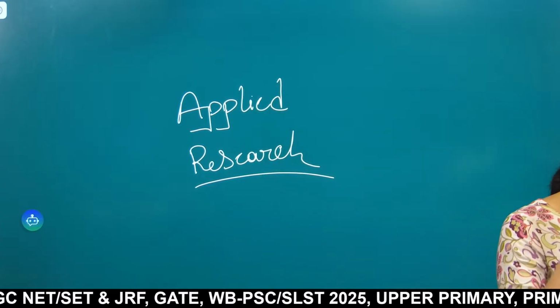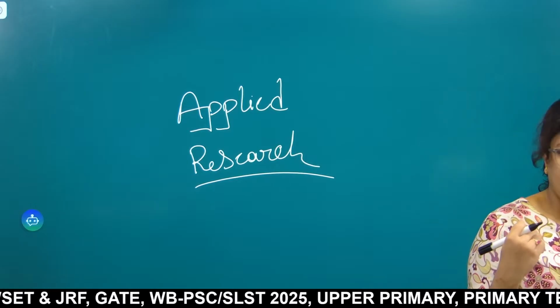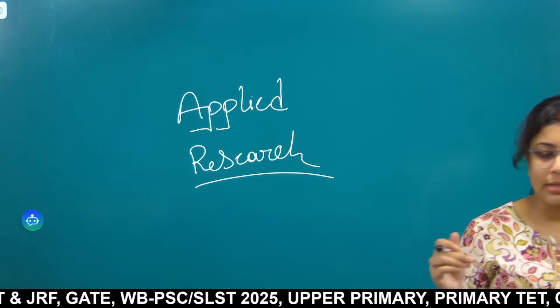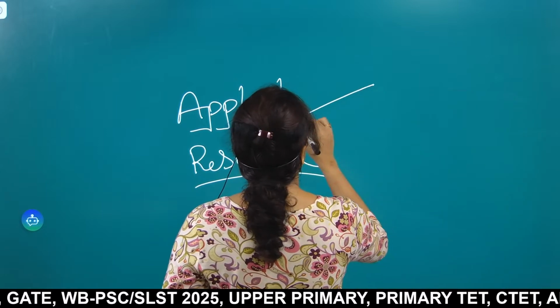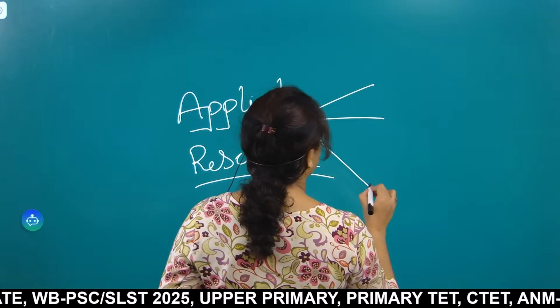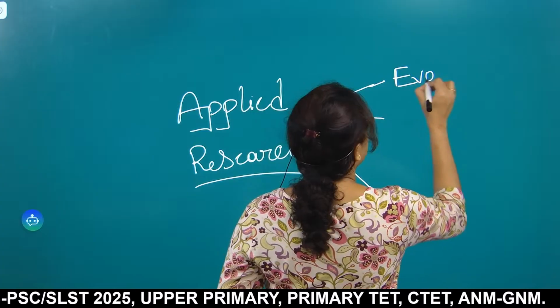Applied research can be divided into three sections. First one is evolutionary research.